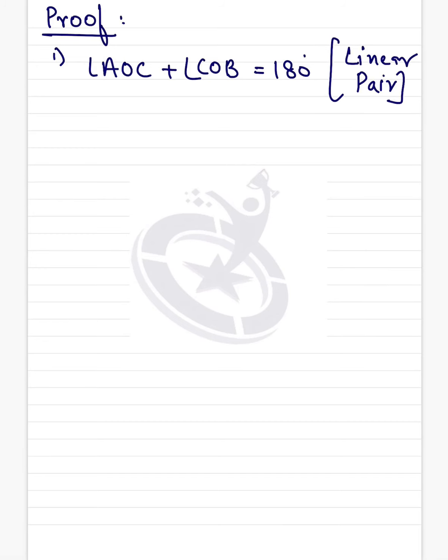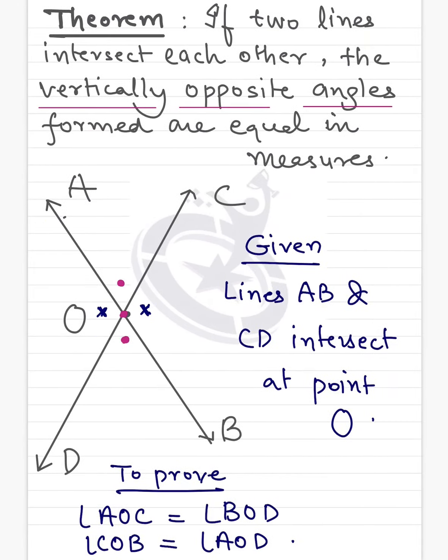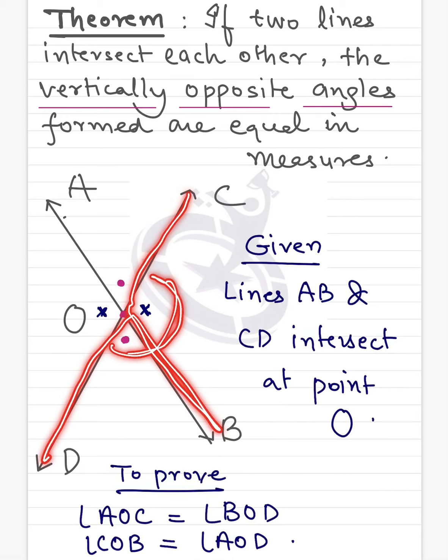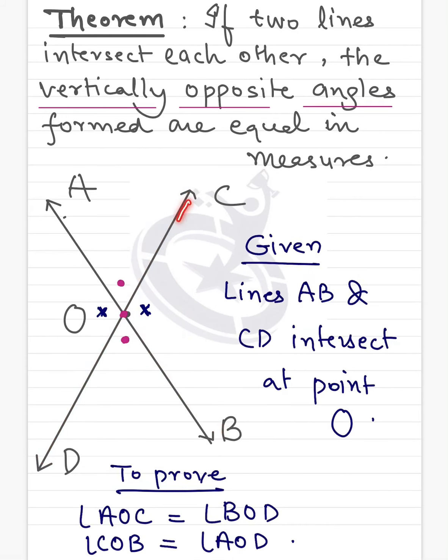Clear? Step number 2. Now we took angle AOC and COB, right? Now we will take angle COB and angle BOD. These two angles are also in a linear pair. Clear? I can highlight and show you again.